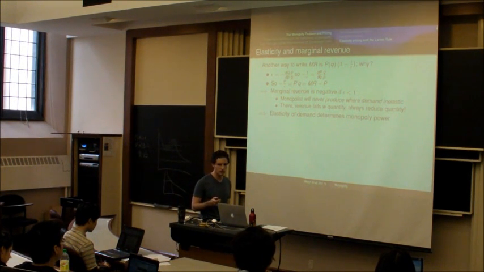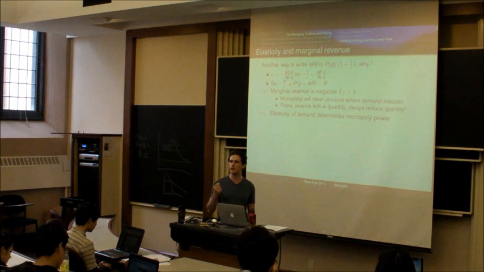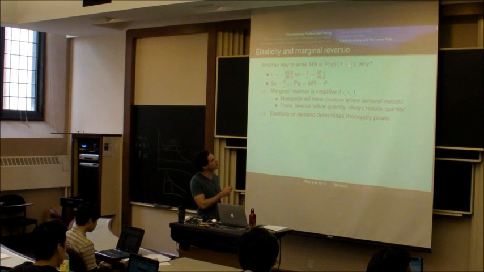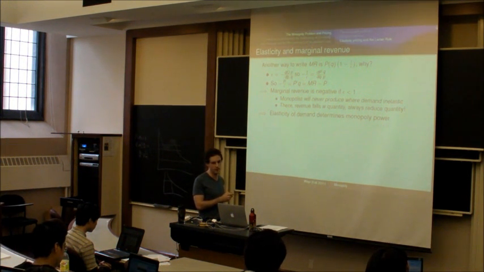The second thing to notice is that the elasticity of demand is the key determinant of the monopoly power. Because if the elasticity were infinite, so this whole term were 0, then the price would just be equal to marginal cost, right? So as the elasticity gets smaller, the firm has more monopoly power.